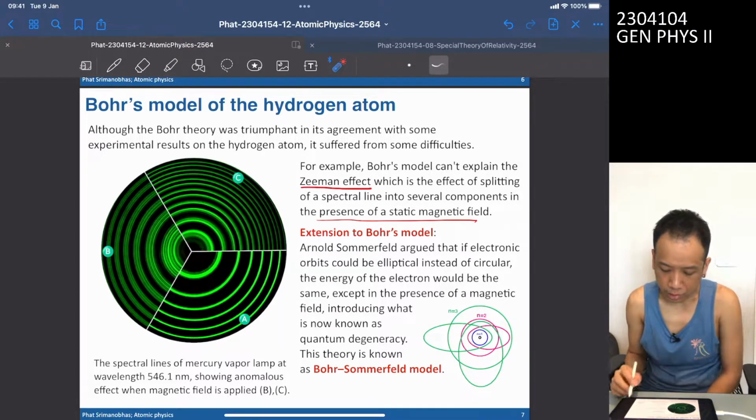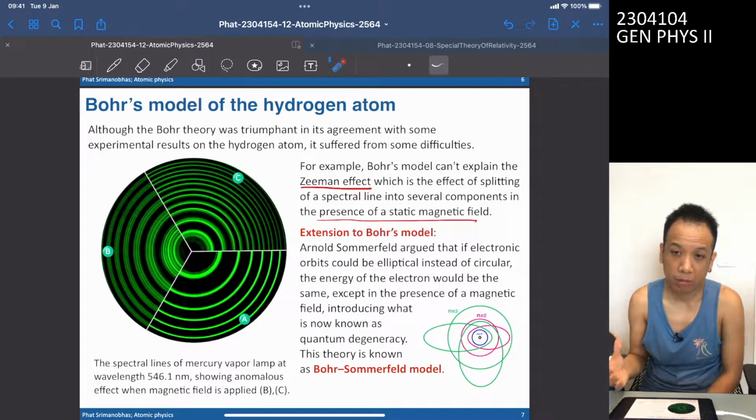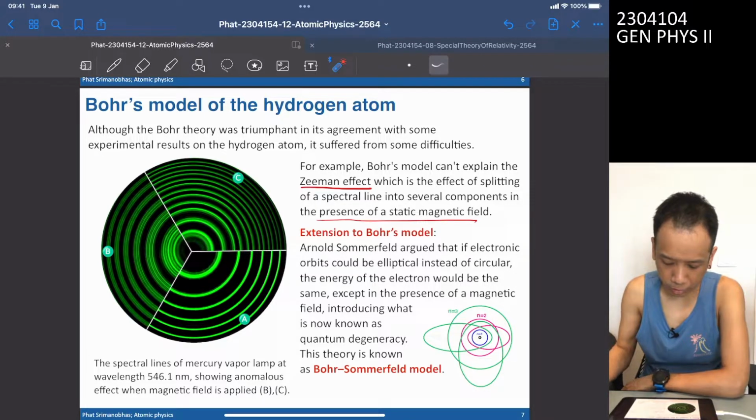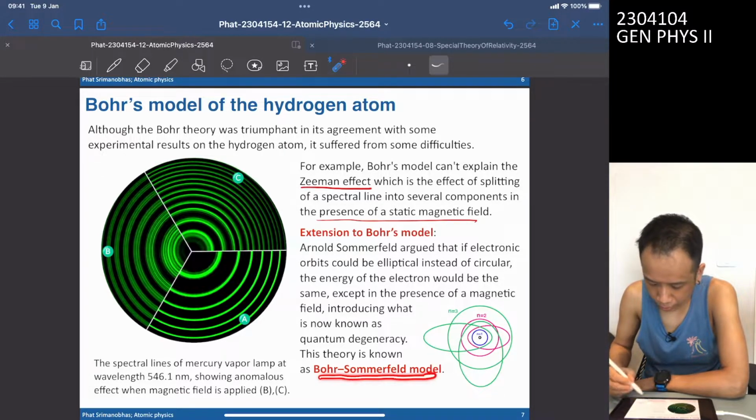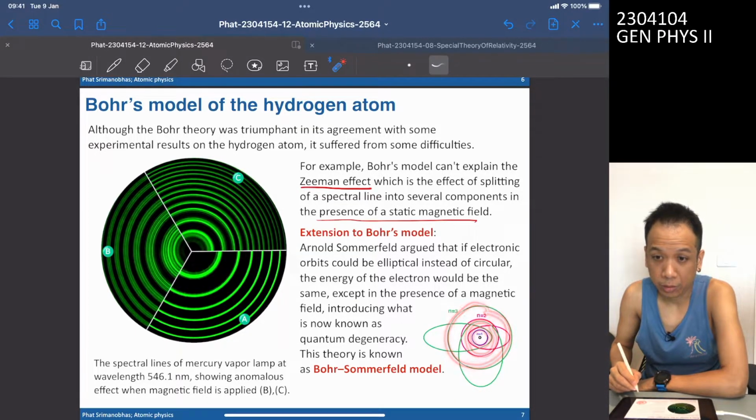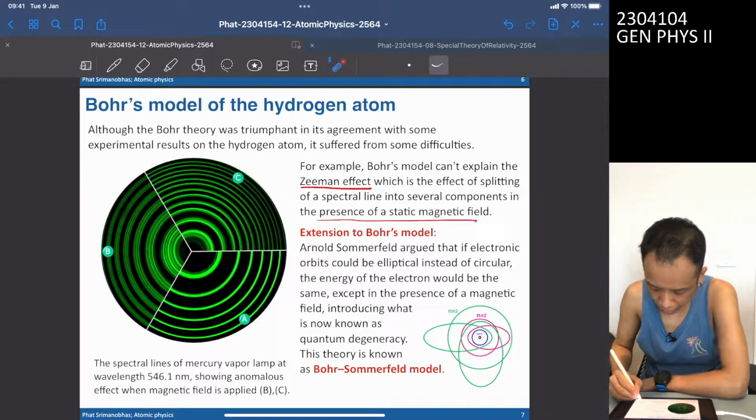Before the quantum model of the hydrogen atom was developed, there were some extensions to the Bohr model which also succeeded in explaining this. One of them is the Bohr-Sommerfeld model. Arnold Sommerfeld said that instead of the perfect circular orbits in the Bohr model, it is possible that the electron can travel in elliptical orbits.